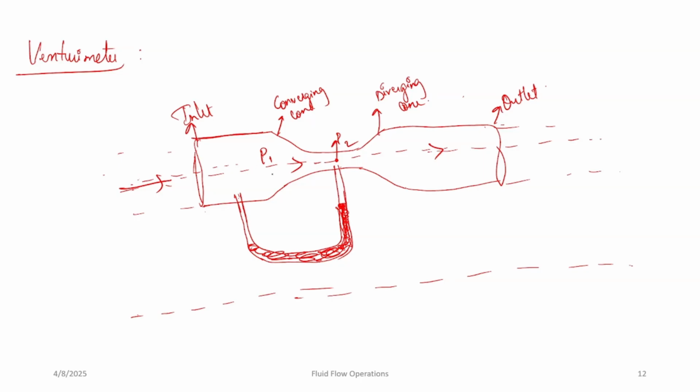Obviously the fluid will be accelerated because the area is changing, right? If the area is decreasing, velocity will increase, because Q is equal to V into A, so VA will be constant. If the area is reducing, V will increase. So as the area is decreasing, velocity increases, or the fluid is accelerated.